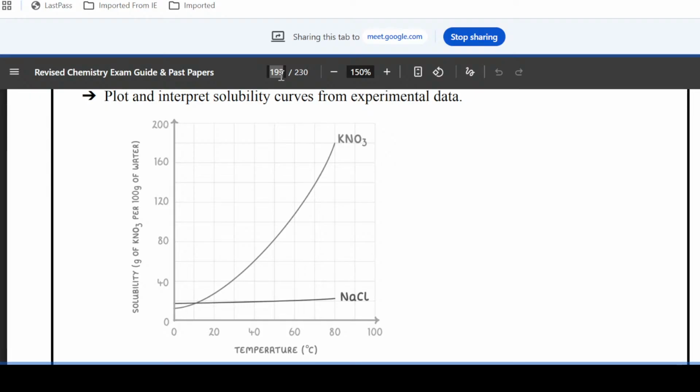So how much will be precipitated out if you cool the solution from 65 degrees to 35 degrees?